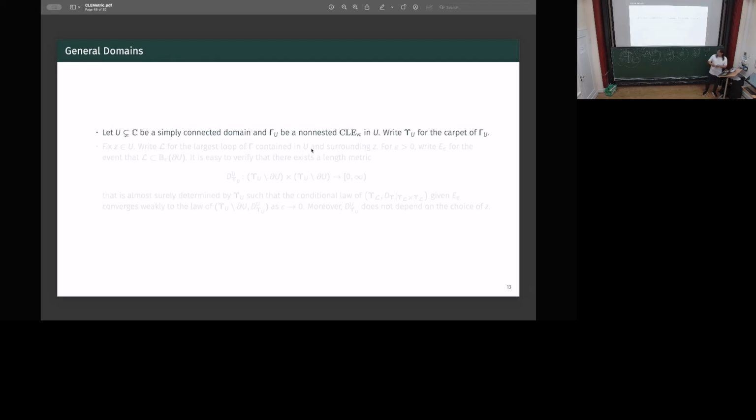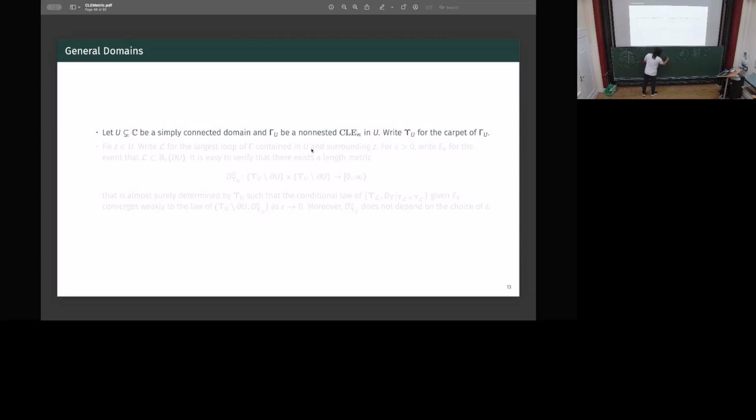And once we have defined a CLE carpet metric for the carpet of a whole-plane nested CLE, we can also use it to define a metric for any general domain. So the definition is like this.